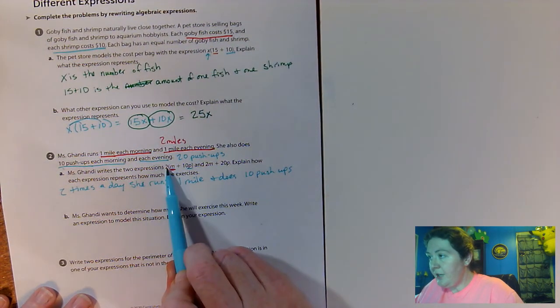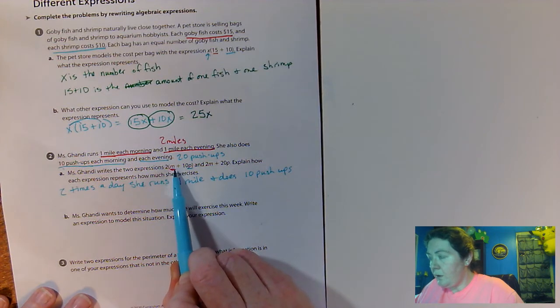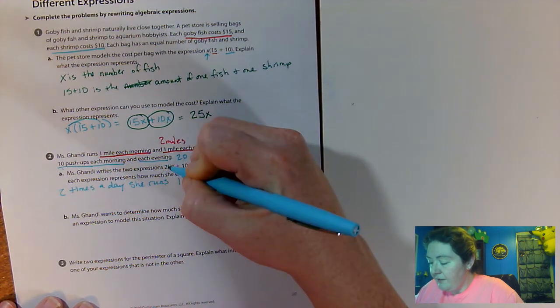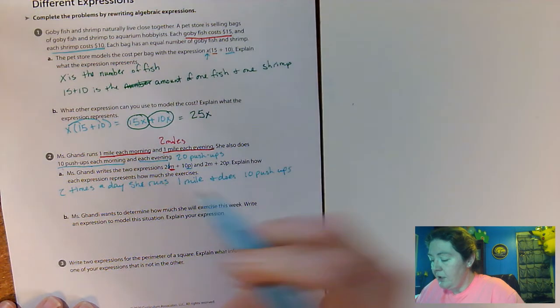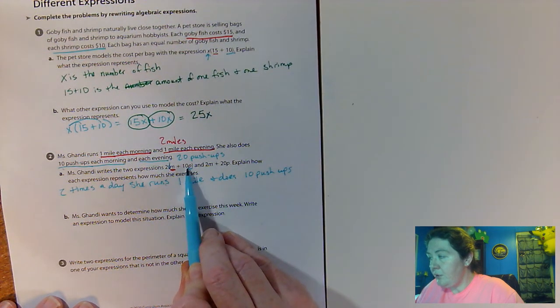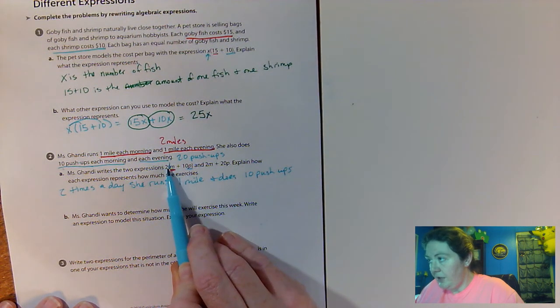So 2 times every day she does 1 mile. And remember, I've got an invisible 1 right here. She does 1 mile and 10 push-ups 2 times a day.